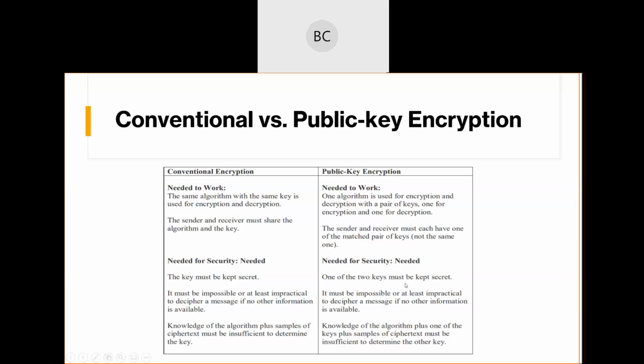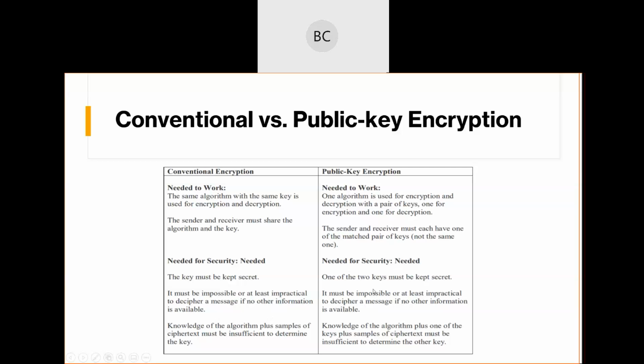Since in the conventional method just one key is involved, that key we need to keep secret. Again, it must be impossible or at least impractical to decipher a message if no other information is available.